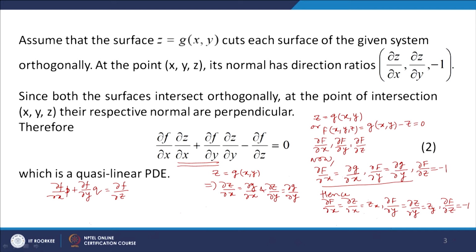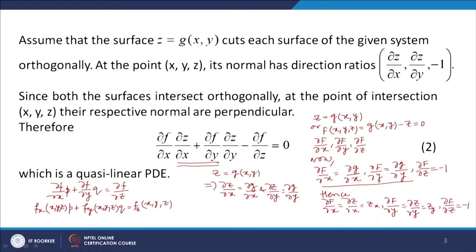Here f_x is the partial derivative of f(x, y, z) with respect to x, which we can find from the given equation of the surface, and likewise for f_y and f_z.